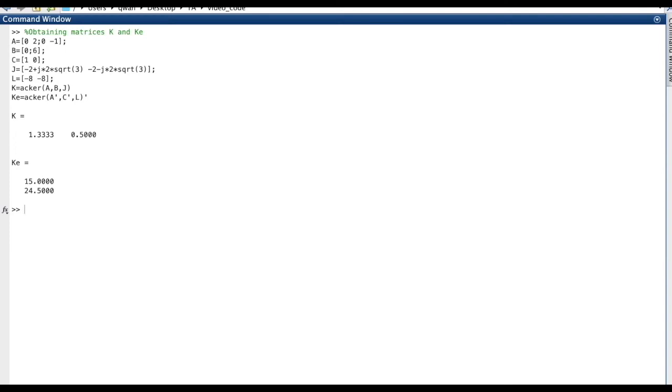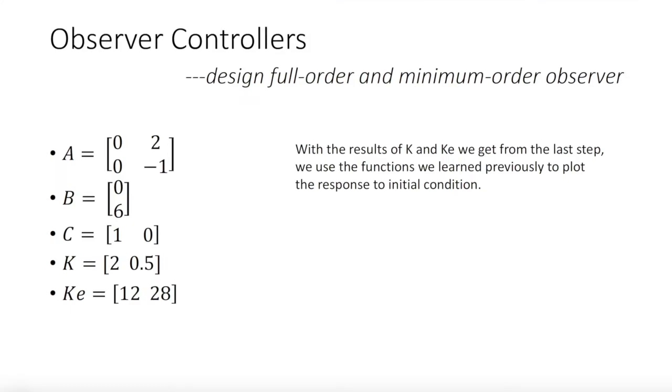Then using these two gains and closing the loop and having the whole system, now we are going to find the response of the system to the initial conditions using this K and KE.